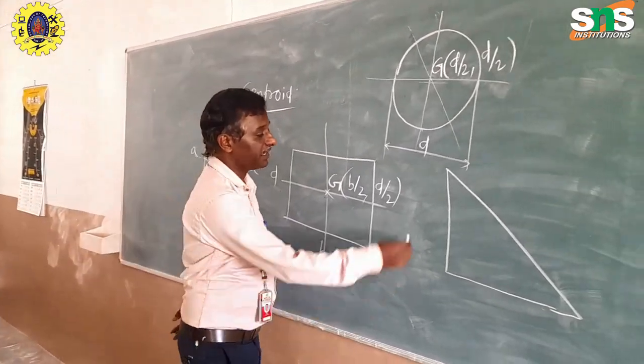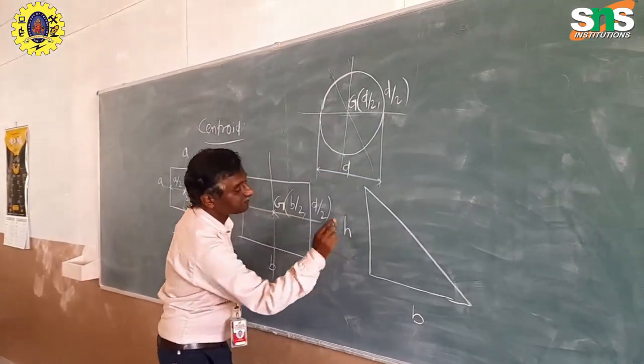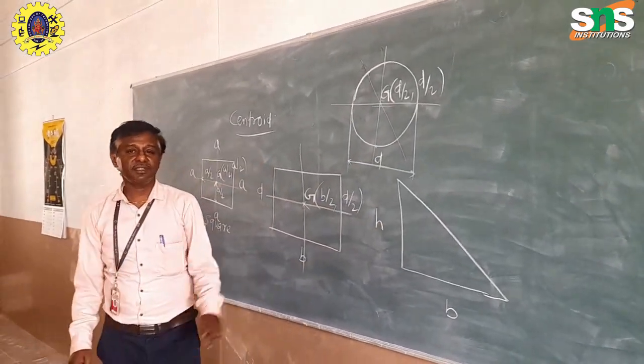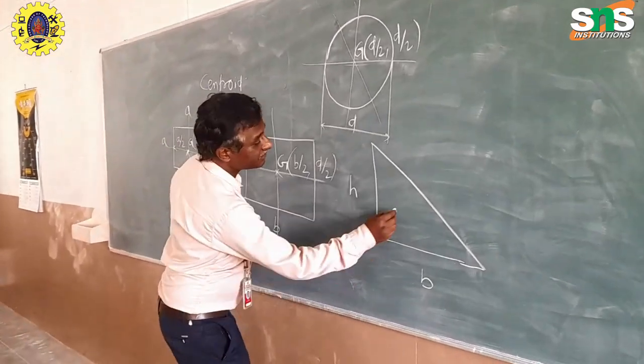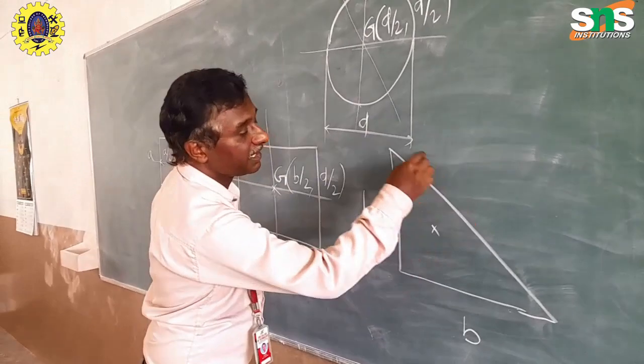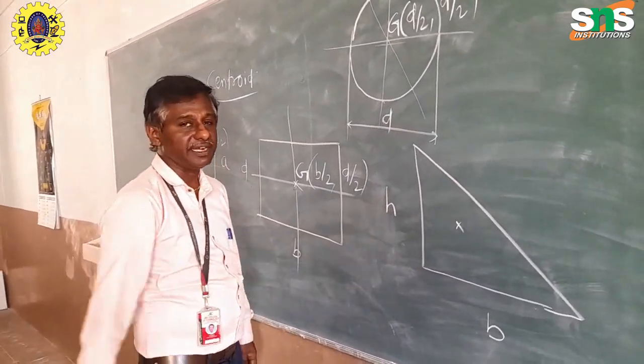But for a right angle triangle, let's have this as base, this as height. Here, how can we get the value? The centroid may be here or here or there. There is a definition, but I will give you the final result.